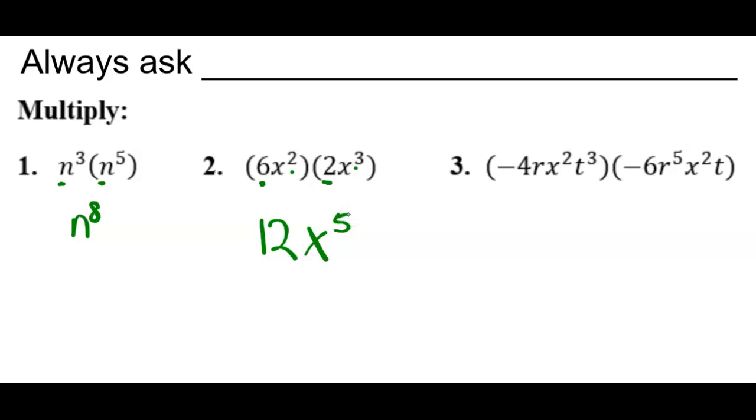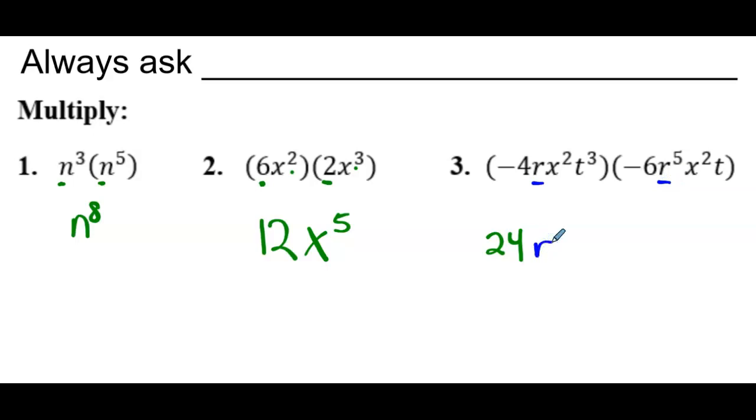Okay. Number 3, I've got a 4 and a -4 and a -6. -4 times -6 is going to be positive 24. Okay. I've got my r's. What exponent is on this first r?